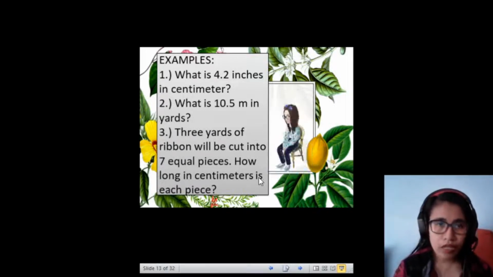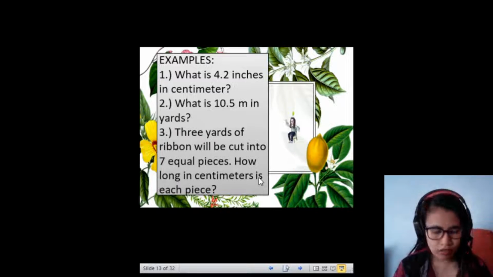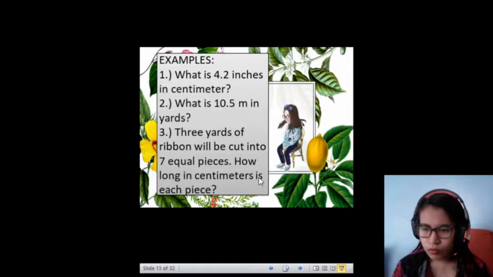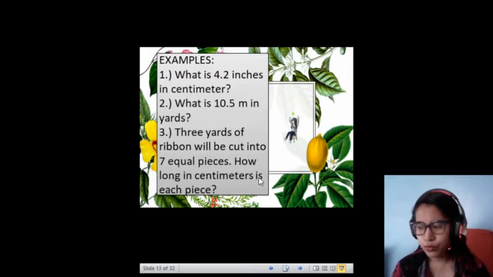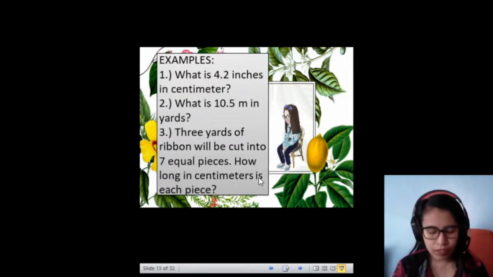Next, what is 10.5 meter in yards, knowing that 1 meter is equal to 1.1 yards. So we need to multiply again 10.5.